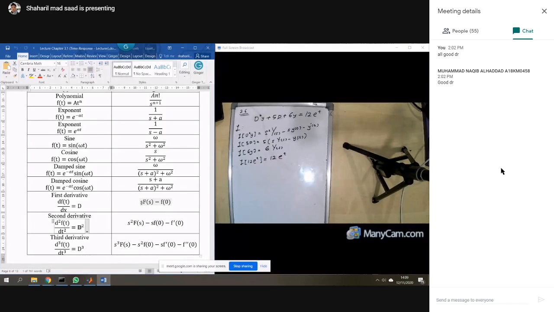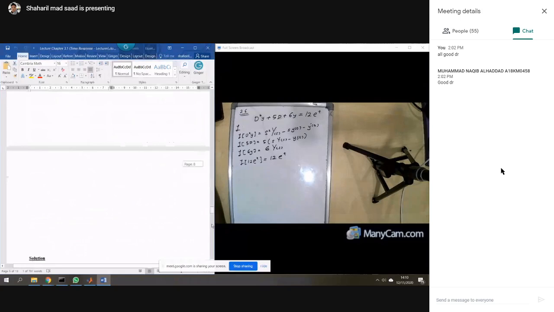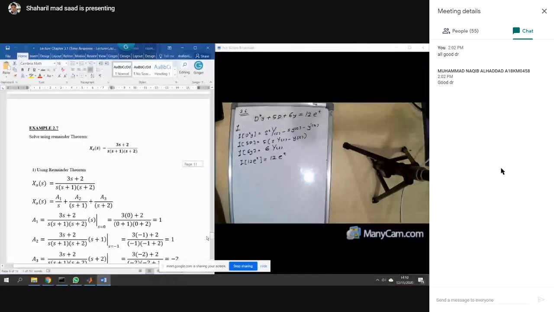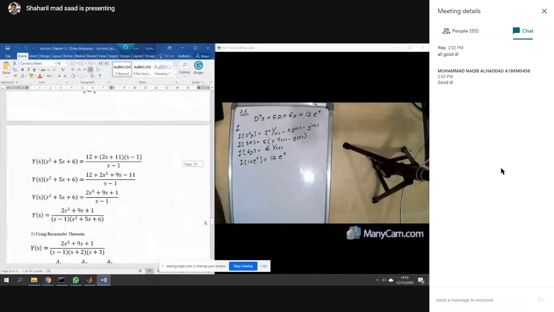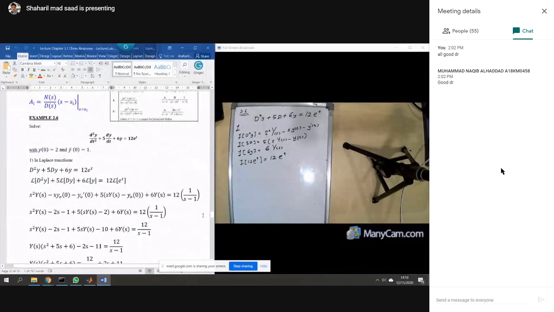Okay, done. So next you apply the initial conditions: y(0) equal to 2 here, so this one is equal to 2, and y dash, y'(0), equal to 1.